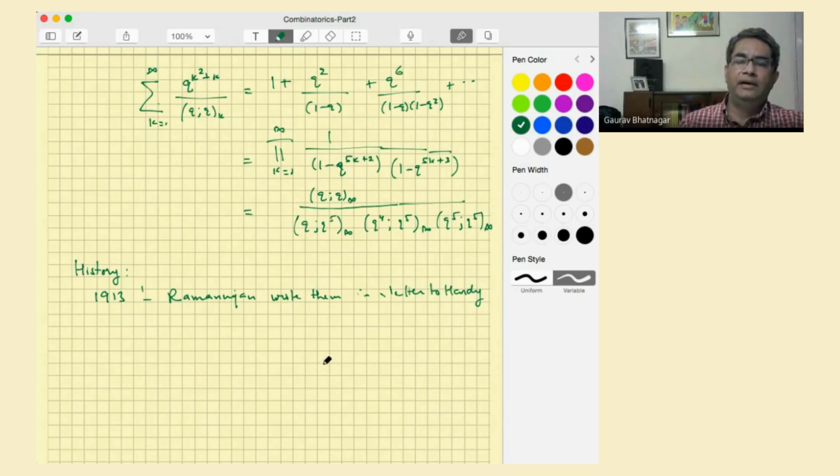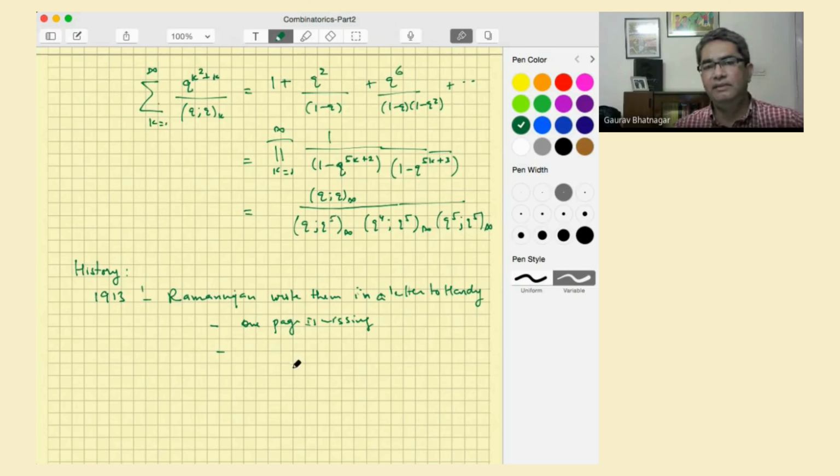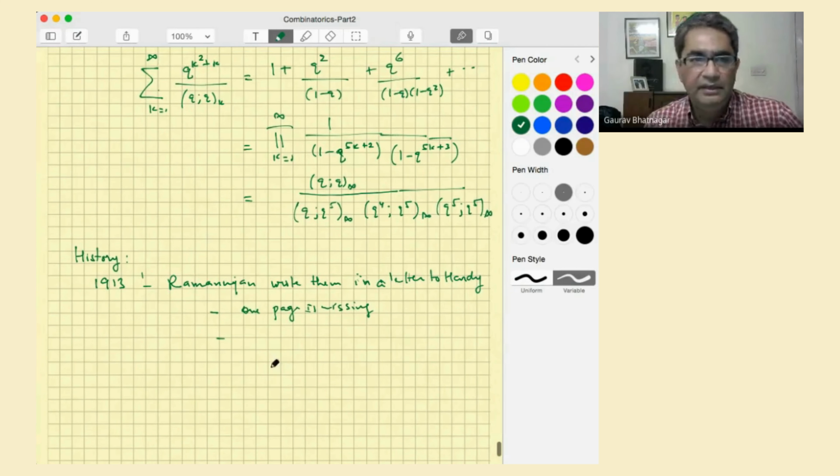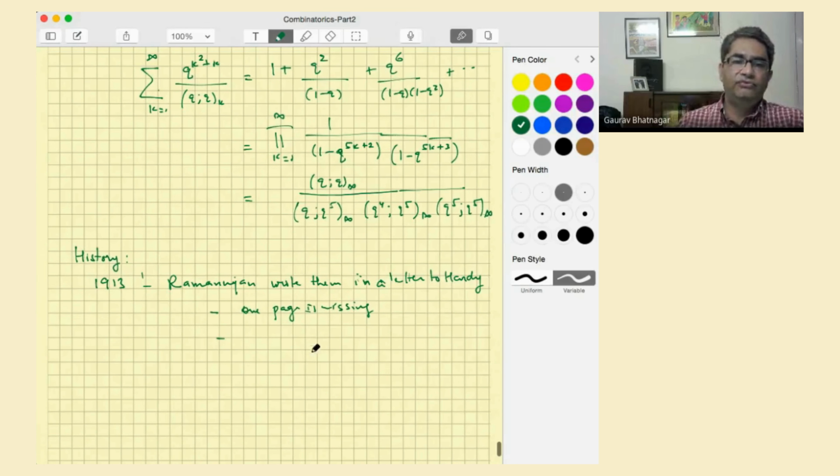Now, it's not clear. That letter is available, but these identities don't show up there, and one page is missing from the letter. But later on, Hardy said that these came in his letter in January 1913, the first or second letter. It could be the second letter.